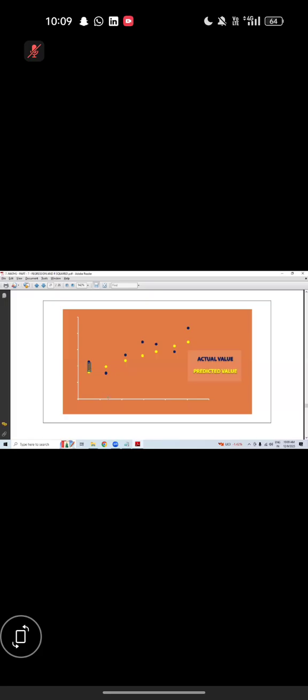Good. Let me repeat again. There is a diagram. Here there is a data set. I have created a scatter plot. That is called the actual data points. Actual data points I am representing with blue dots. Then after that, I came across that maybe the data is traveling in an upwards direction. Let us apply regression.